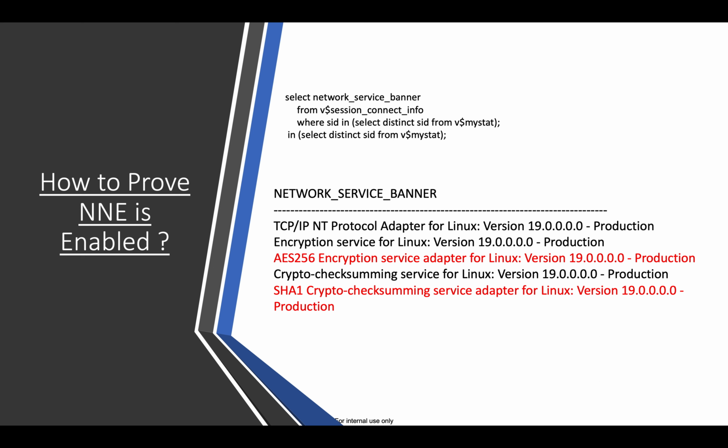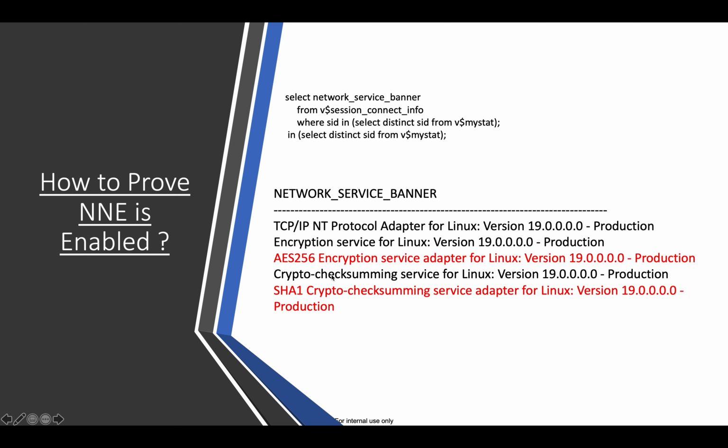And how do you prove that? If you remember, I told you that with native network encryption, we are looking at two things. One is encrypting the data, and the other is maintaining the data integrity so that nobody is doing any data modification attacks or data replay attacks.